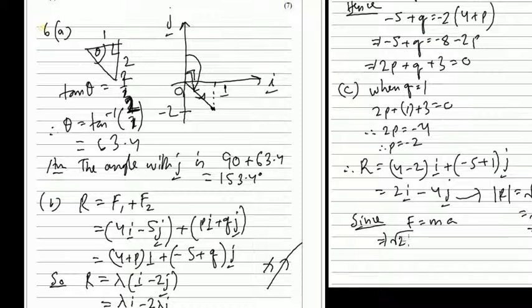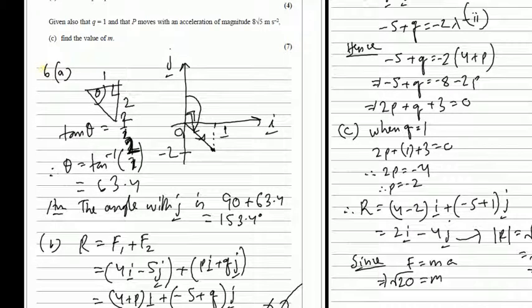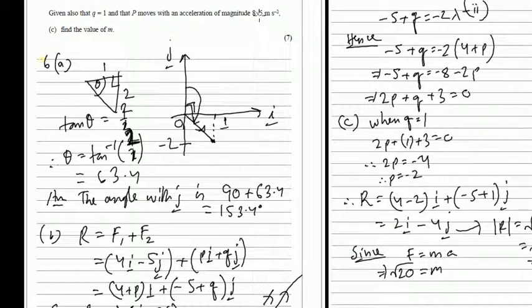So the force would be square root of 20 equals mass times acceleration, and the acceleration is given, 8 root 5. Therefore m equals square root of 20, which is 2 root 5, divided by 8 root 5. This root 5 and root 5 cancel, giving 1 by 4. Therefore m equals 1 by 4.